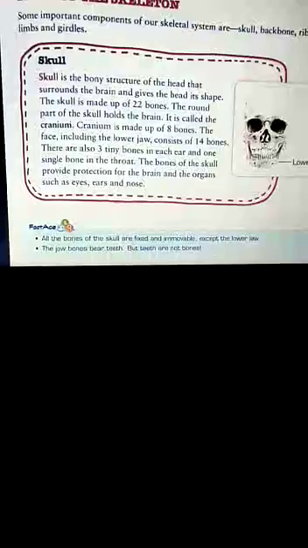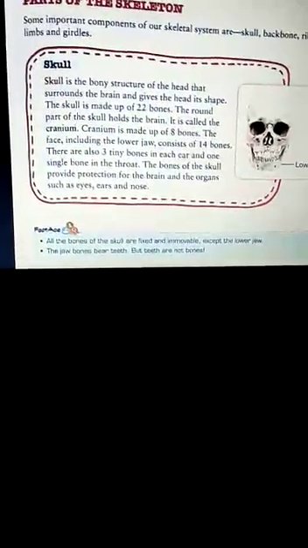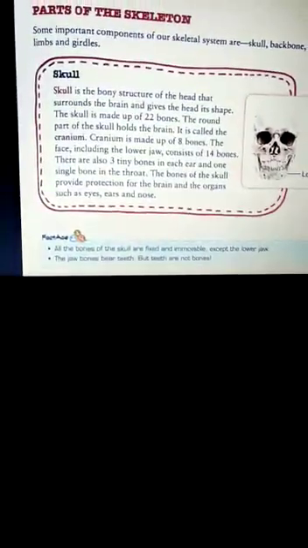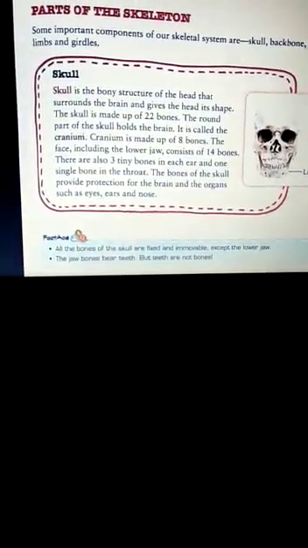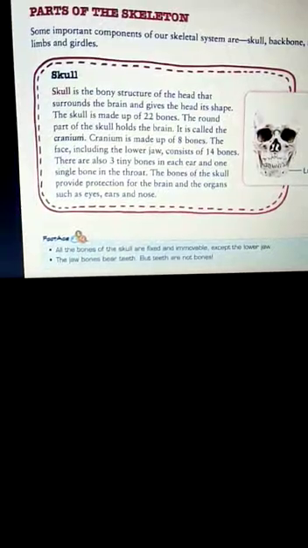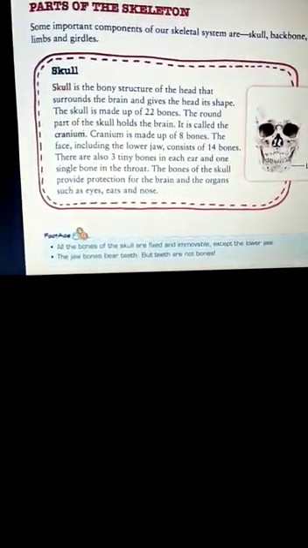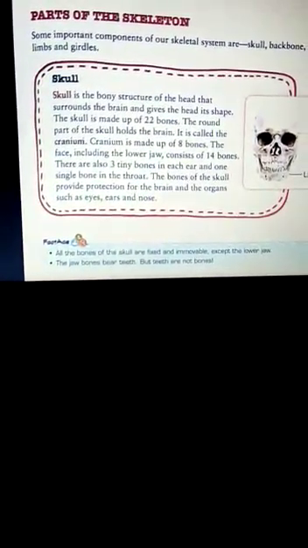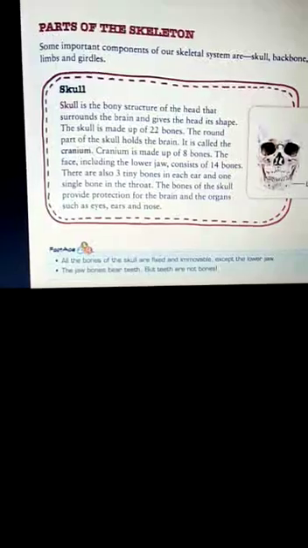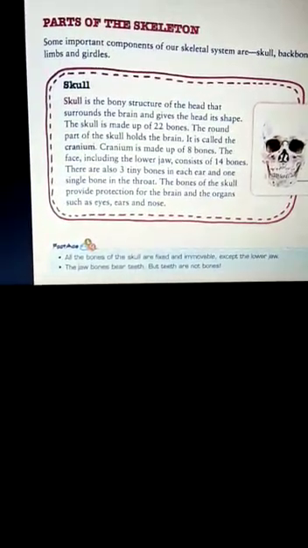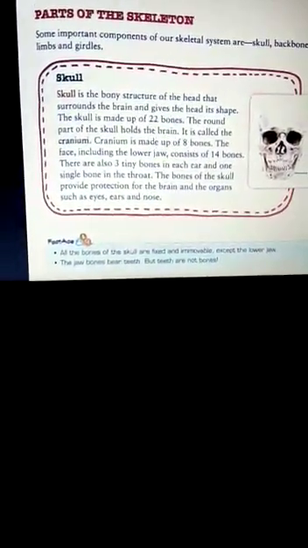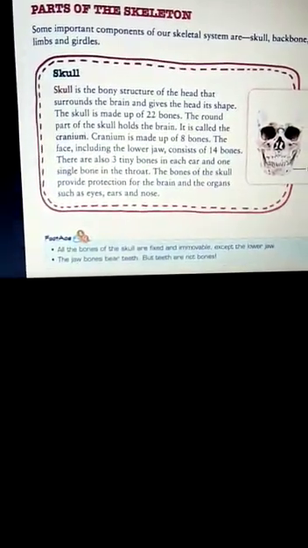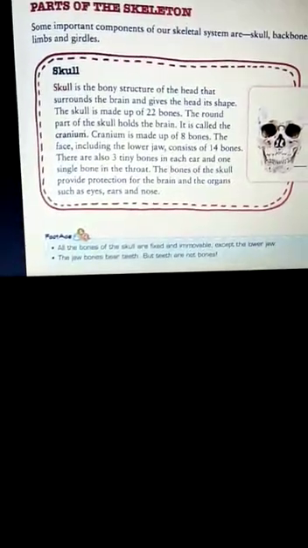The skull protects the eyes, inner part of the ear, nose and mouth. The skull gives a characteristic shape to our face. It changes slightly as people grow older. The male skull is slightly different from the female skull. There are also 3 tiny bones in each ear and 1 single bone in the throat.